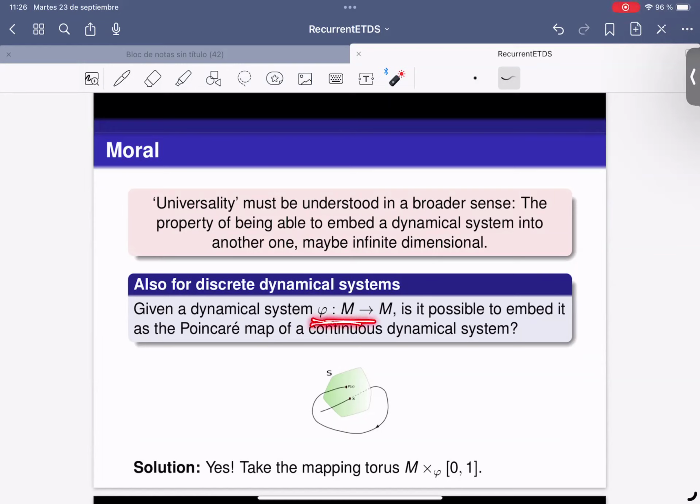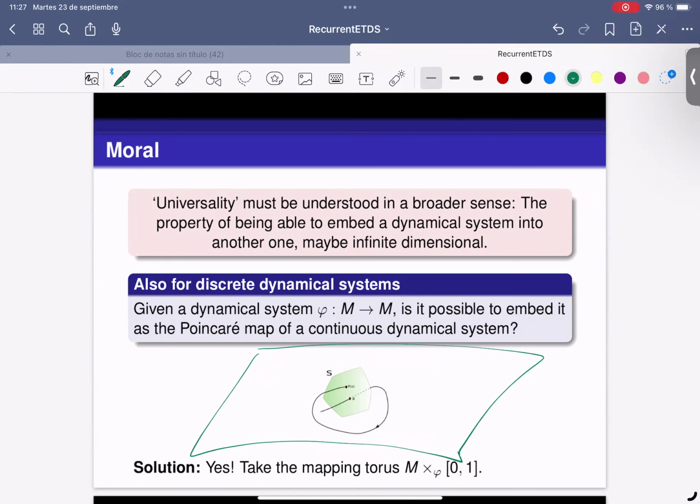If you give me a continuous map from a manifold M to N, how do we say that we have embedded it into a continuous dynamical system? If I can do the following. Suppose that I manage to construct a bigger dimensional manifold here with a flow, and I can do the following.